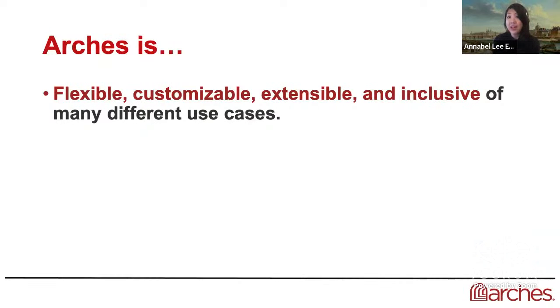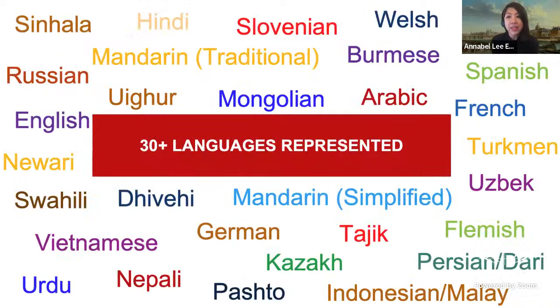The third important aspect of Arches to understand is that it is extremely flexible, customizable, extensible, and inclusive, regardless of what languages you are using. More than 30 languages are currently represented in Arches implementations.